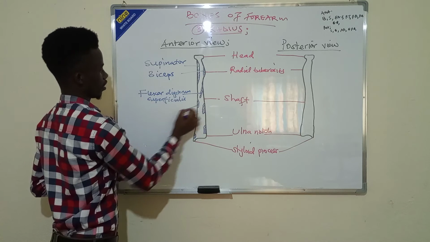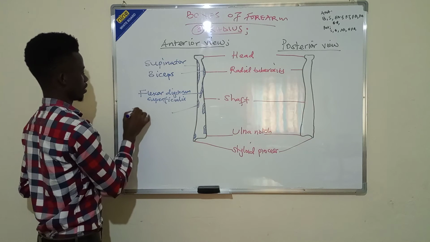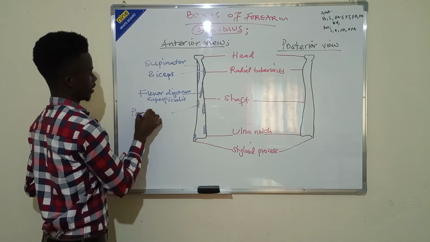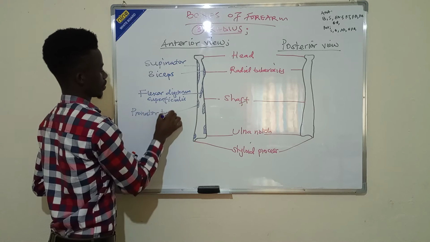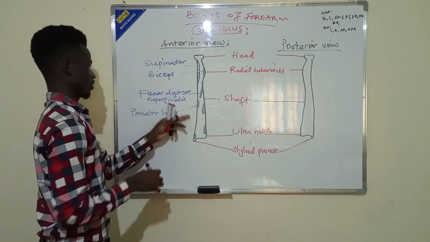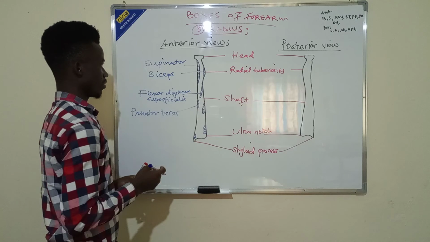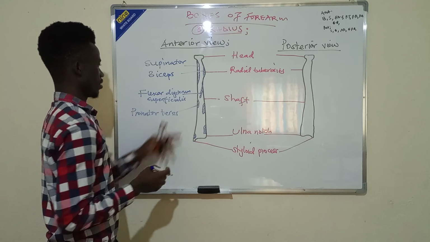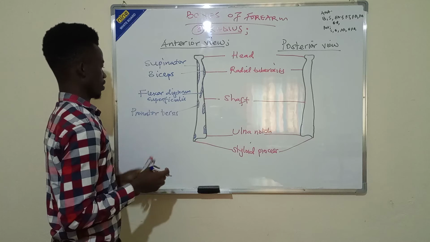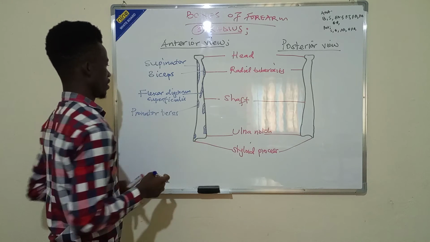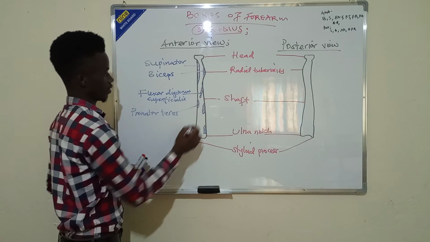Then we have another muscle there which is known as the pronator teres. So pronator teres originates from the ulna, and then it makes its point of insertion onto the radius along this point.